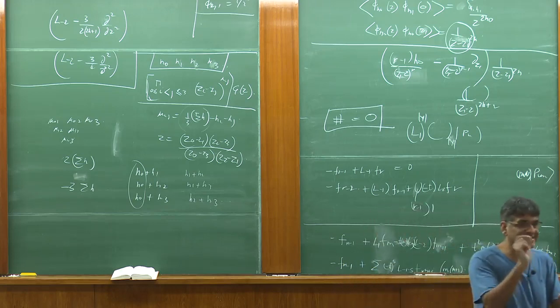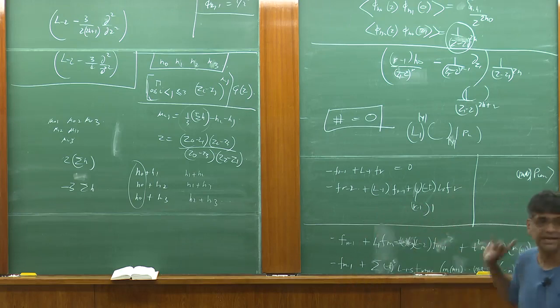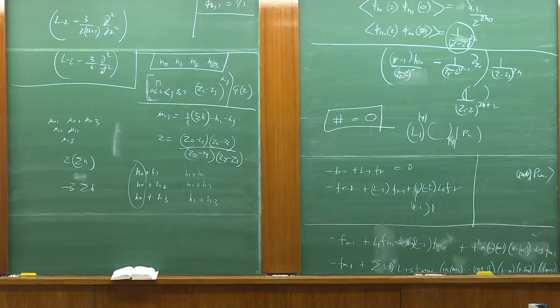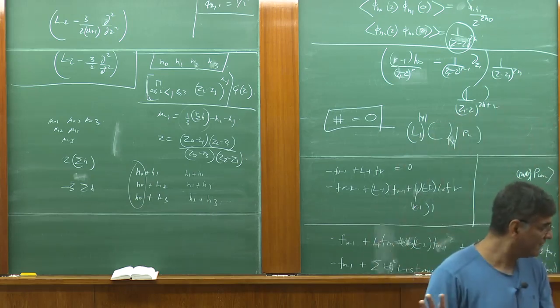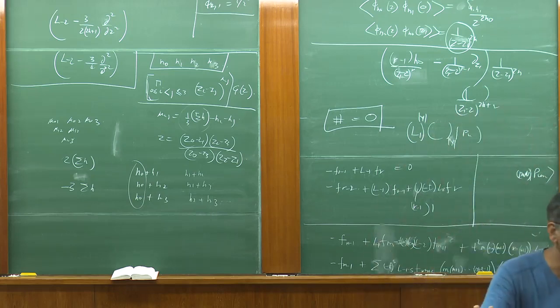You shouldn't set these guys to 0, 1 and infinity before taking the derivatives. After taking derivatives, you can set them to whatever points you want. But what does del by del Z1 mean if Z1 is 1? So we first keep these points arbitrary, then we take the derivatives, and after you do that, you can choose whatever points you want.